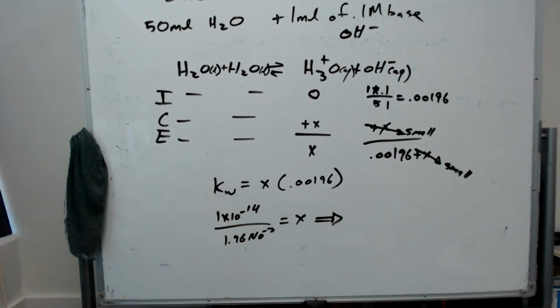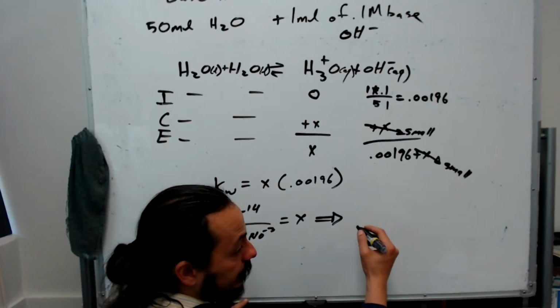Someone with a calculator help me out. About 5.1 times 10 to the minus 12.